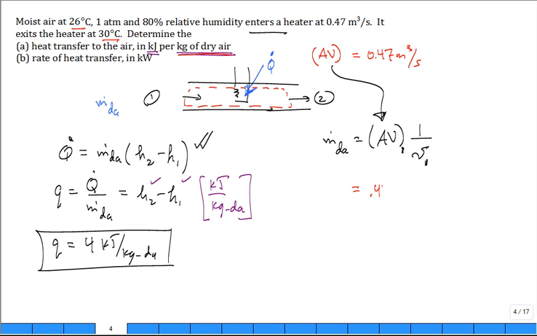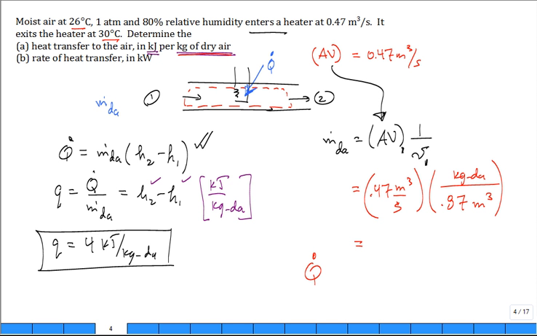So 0.47 meters cubed per second divided by, what did I say, 0.87 meters cubed per kilogram of dry air. And so that gives us the mass flow rate in kilograms of dry air per second. Then you multiply it times this delta H, and then you get Q dot. I solved the problem before coming here.